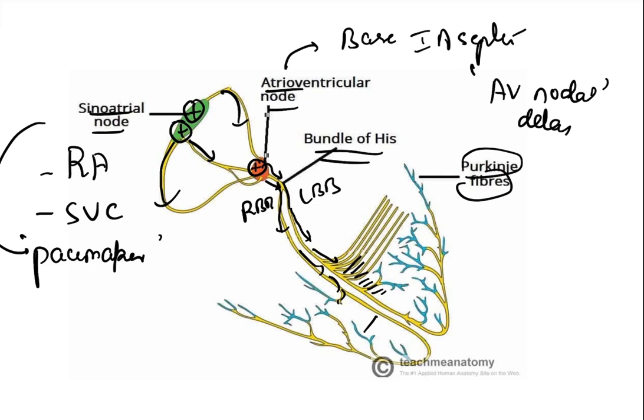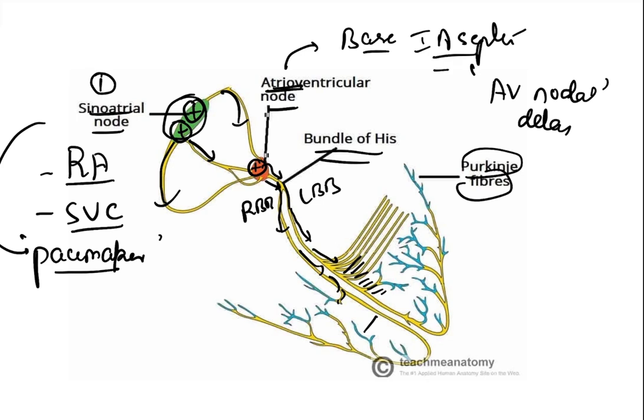Let me summarize the entire conduction system. First, there's the sinoatrial node, located in the right atrium near the opening of the SVC. It's called the pacemaker of the heart and is responsible for generation of all the impulses. Once the impulse is generated, it travels through various tracts such as Thorel, Bachmann, Wenckebach, and finally reaches the atrioventricular node, also called the AV node, located in the base of the interatrial septum.